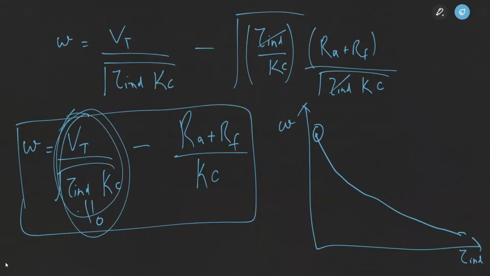Otherwise, you can see as the induced torque increases, the speed of the motor drastically decreases, and this is an important behavior. It is very important for traction devices, where you have a very high starting torque, and we can basically maintain a high torque in the case of DC series motors.